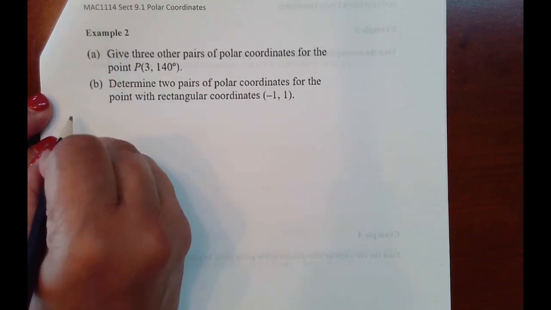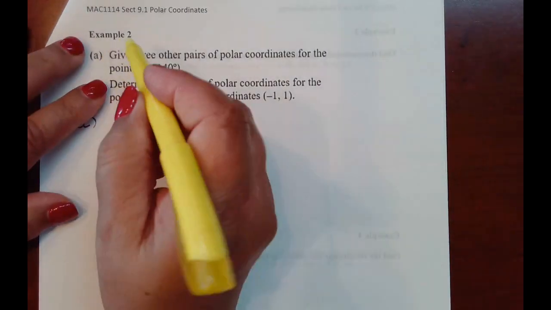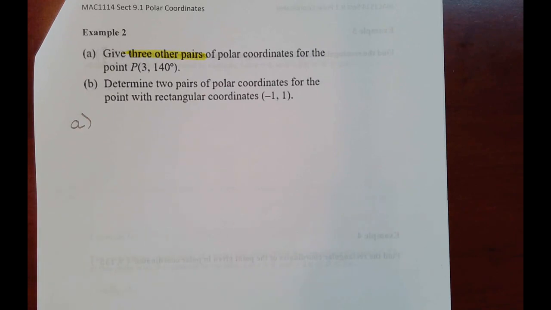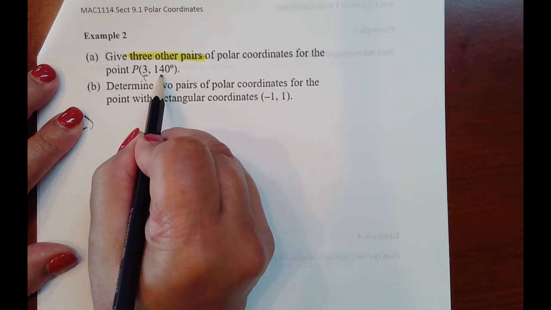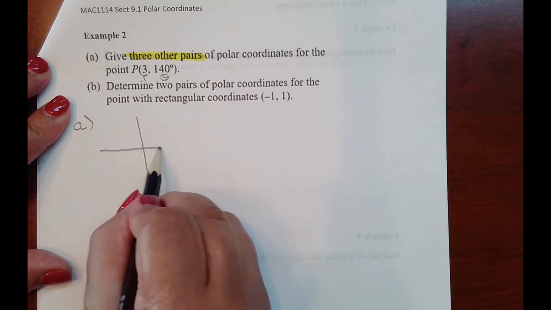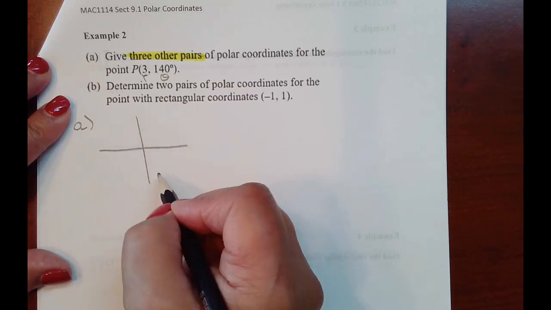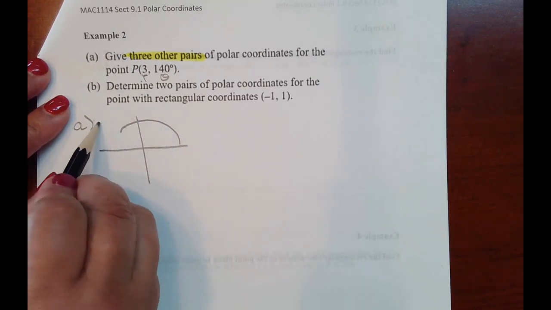Okay, so in part A, it says give 3 other points. You just want to come up with other names of points that make you land right at 3, 140. This is R, this is theta. So first you should begin by plotting and seeing where it's at. And you don't need to draw those concentric circles. We're just going to rotate to 140. That would put you right here.